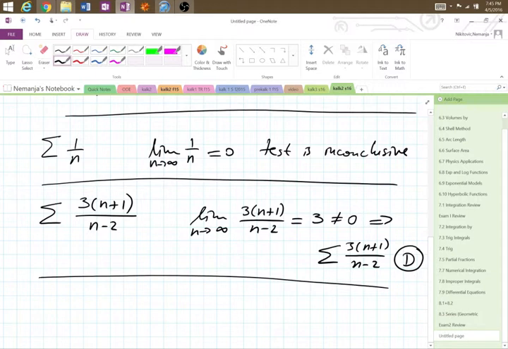So when you use this test, it didn't tell us, right? This is actually going to be the first test you always try, because it can eliminate all of those divergent series quickly. This is the fastest test to do, the easiest test to do, but it only eliminates those series that have non-zero limits.